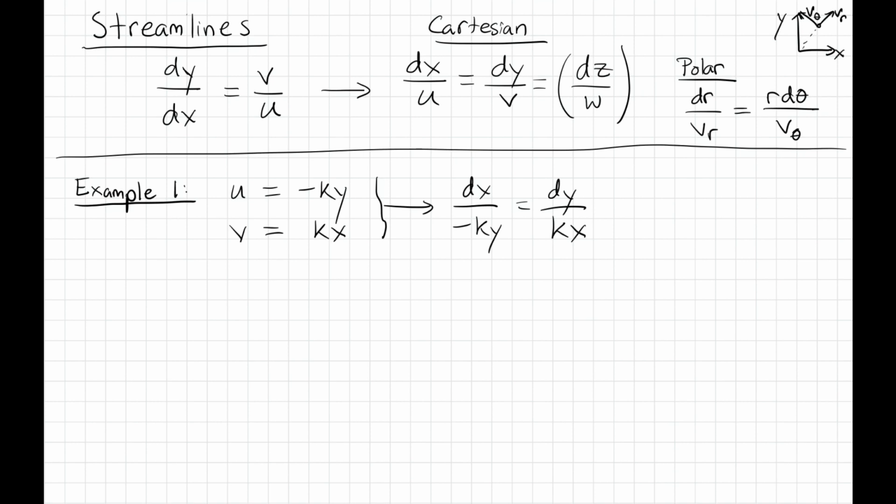So the k's in that case cancel. And before I do any more work, let's think carefully about what our objective here is. So we're looking to find the equation of a streamline. What does that mean? It means that I'm looking for the equation that describes the shape of the curve of the streamline. So y versus x, right? So to make a plot, I need the equation of some line y versus x.